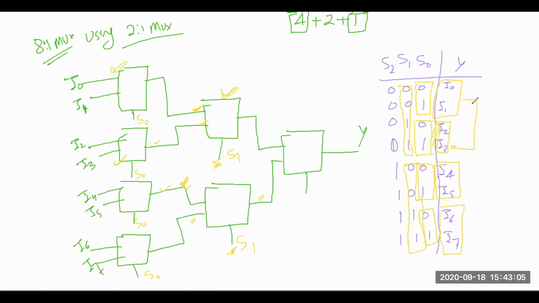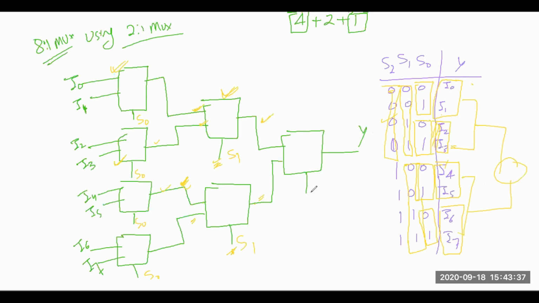Similarly, from these 4 you will get one thing, and from these 4 you will get one thing, and for realizing what you need to select, you need to go with this S2. If you are taking one from the upper portion, that will be 0, because whatever you will get from I0, I1, I2, and I3, you will get all the things here.